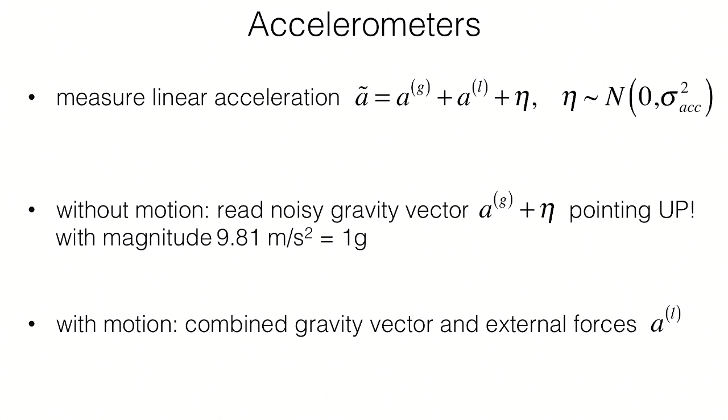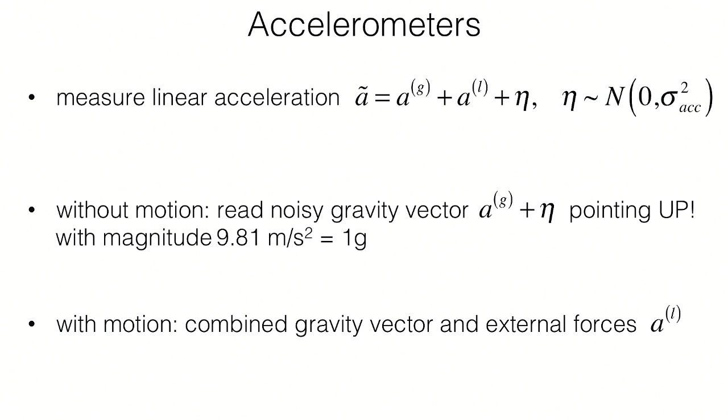Gravity will pull it down. Actually, the force that we're applying to it is going to point up. Just by holding it static, we're applying a force that points up, because if we didn't, it would just fall down. Okay, so then A_L is the linear acceleration, any external force, like any motion that we apply to the device, plus some measurement noise.